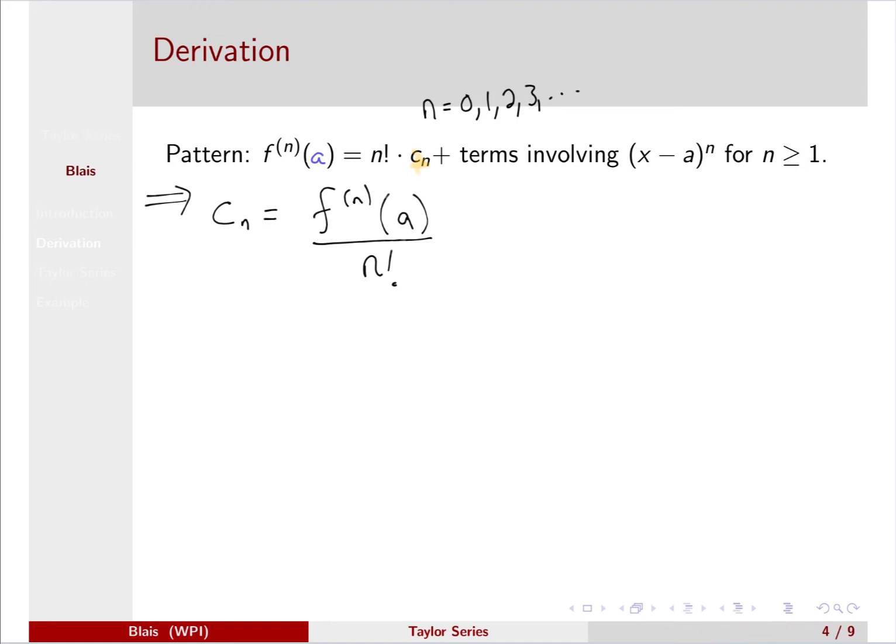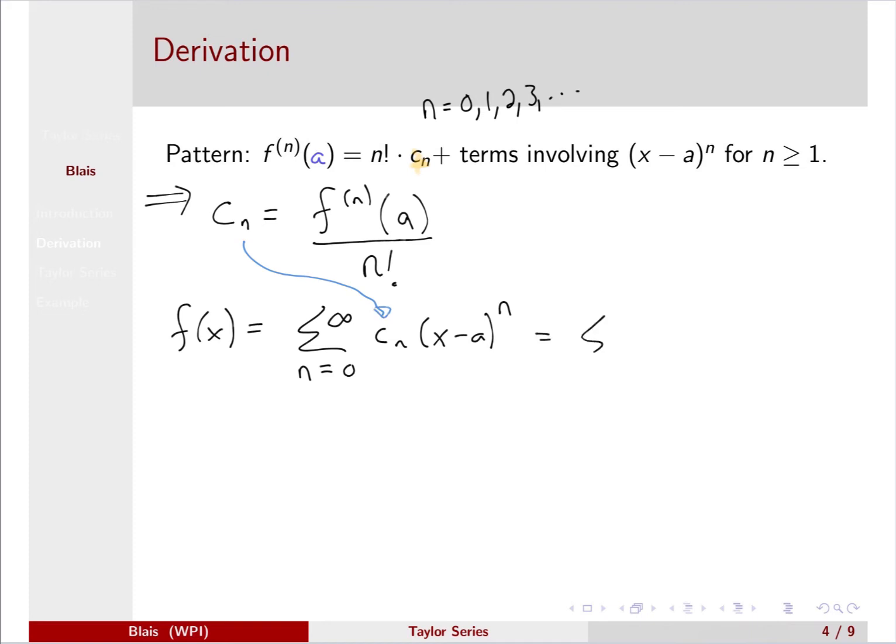Now that we have this, recall our power series representation equation said that f of x was equal to the sum, n going from 0 to infinity, of c sub n times the quantity x minus a to the n. And we can now plug this c sub n in to our power series.